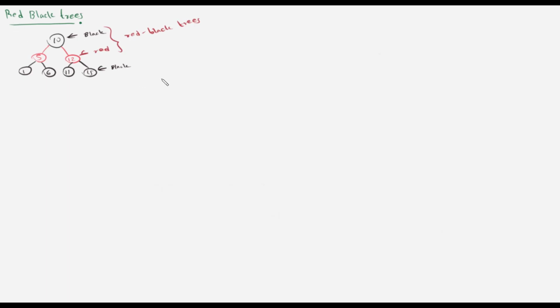So your red black tree can be either valid or invalid. In order to make a valid red black tree, we must consider the red black tree properties. There are several red black tree properties that you must follow in order to make a valid red black tree.